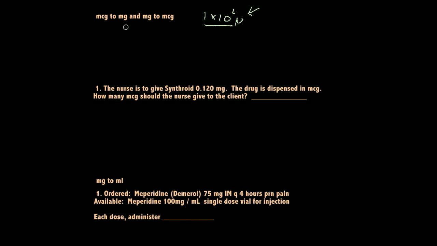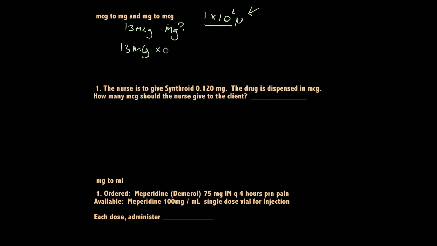Let's say that we have 13 micrograms. And in nursing, we call micrograms mcg instead of the Greek symbol there. Pardon me. So what we're going to do is start with 13 micrograms as our given, and I want to know how many milligrams that is.